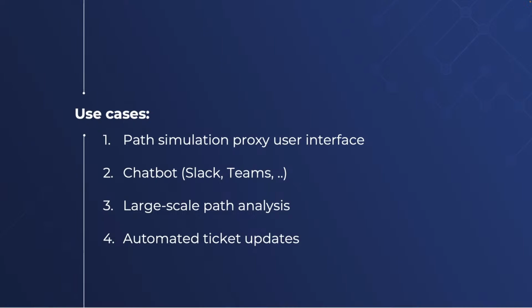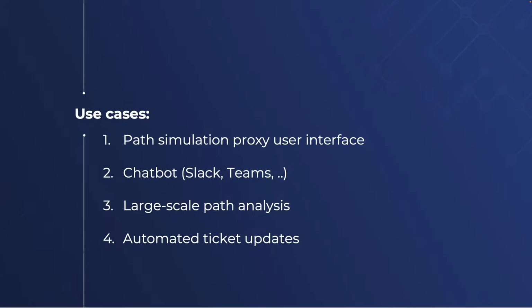So you can be on Slack, Teams, or any other platform of your preference. And again, it's saving time. It's helping users that are not network engineers to understand the path before engaging the network team, and it can help the communication between teams greatly.